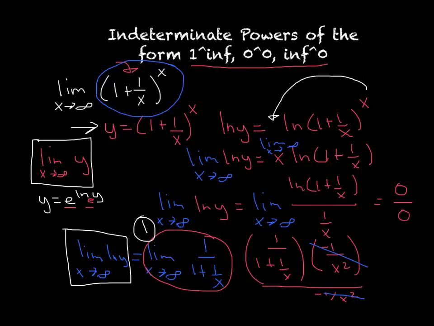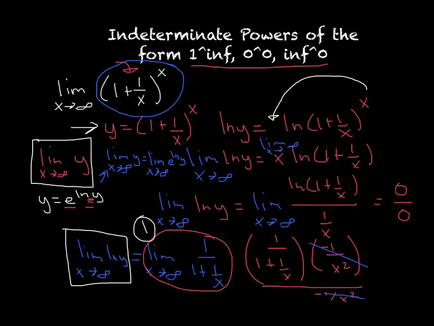All right. And so now we're going to take the limit of both sides. So actually, I'm going to continue this right here. The limit as x approaches infinity of y is equal to the limit as x approaches infinity of e, squeezing this in here, to the natural log of y.